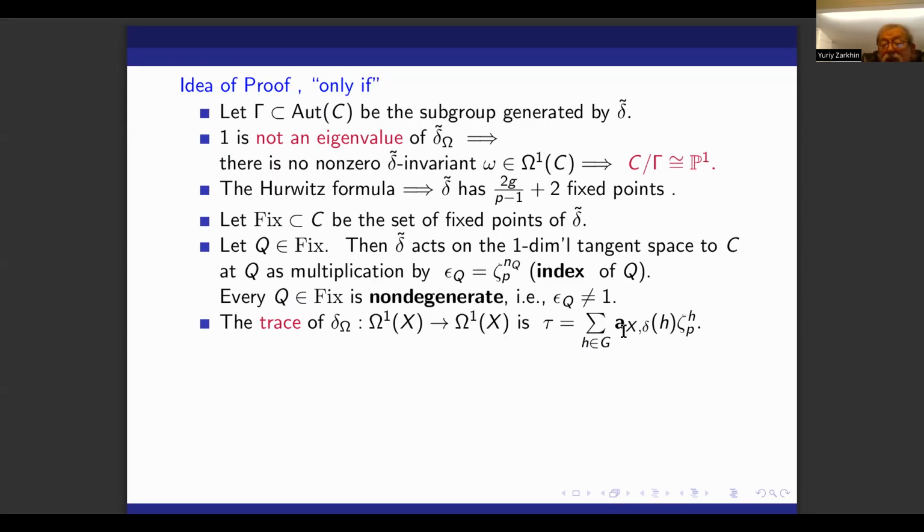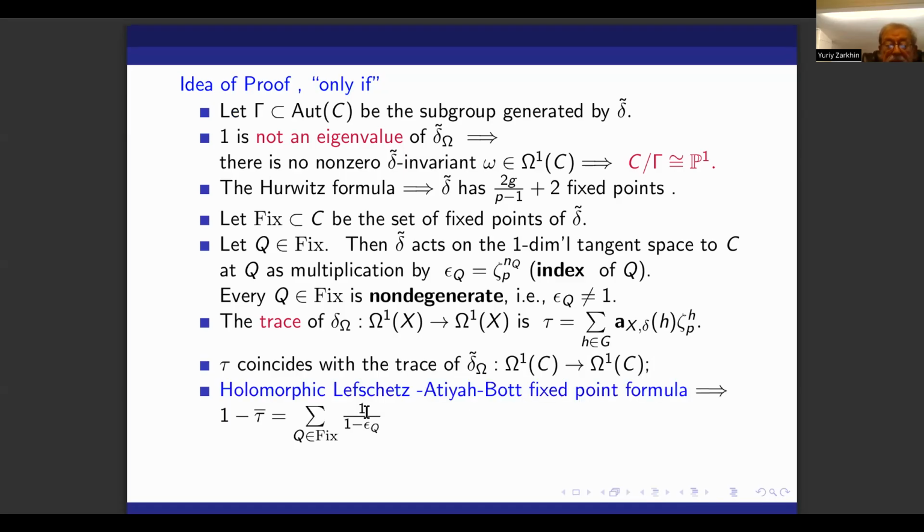Because again, A x delta of h is exactly the multiplicity of zeta p to the power h as an eigenvalue of this operator. Well, tau coincides with the trace of delta tilde on omega of C, the differentials of the first kind on our curve.